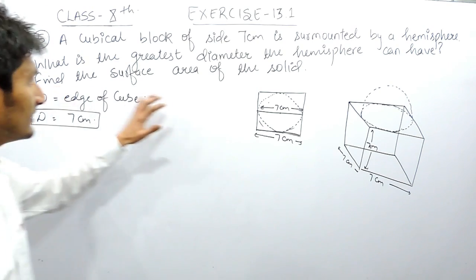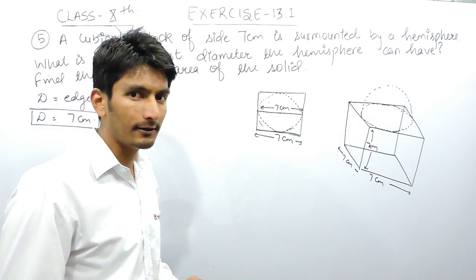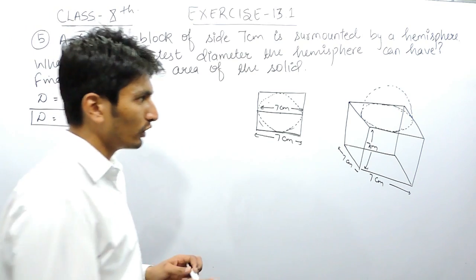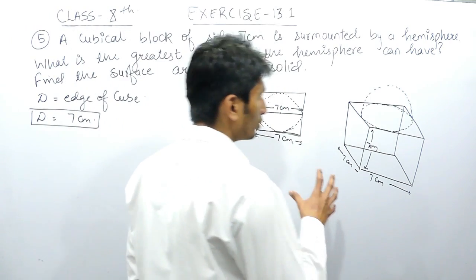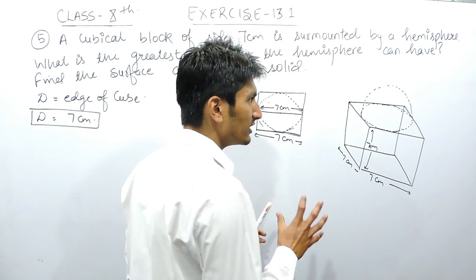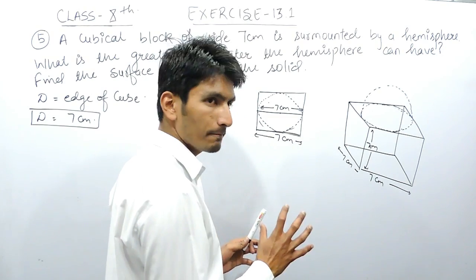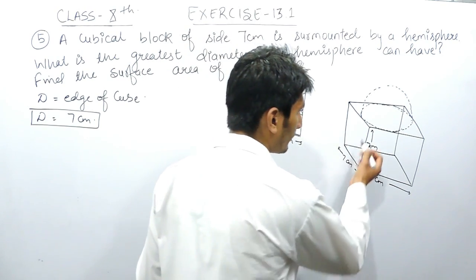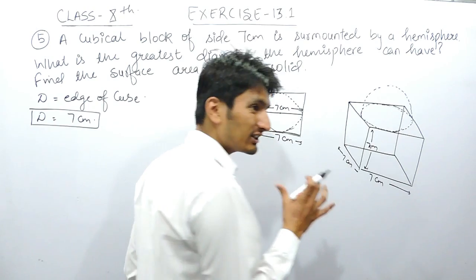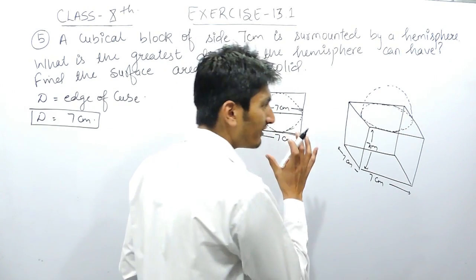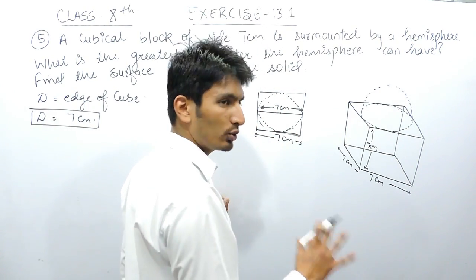Now you have to find the surface area of this solid. For that you need to find the area of the surface which is visible to you. Talking about the cube, there will be 6 faces and 5 faces will be clearly visible to us.